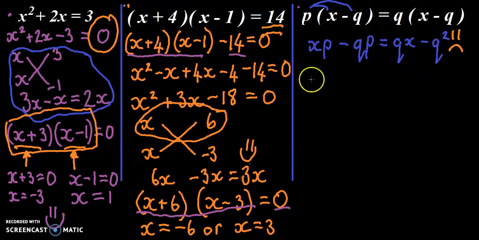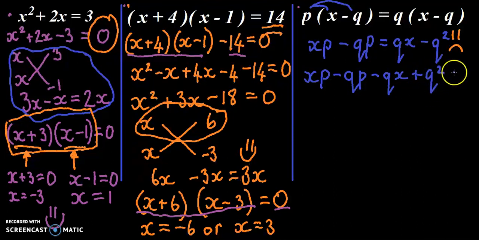Okay, let's get it all to the other side. Not because it's a quadratic, but because I'm going to have to solve for x. So it's going to be xp minus qp minus qx plus q squared is equal to 0.